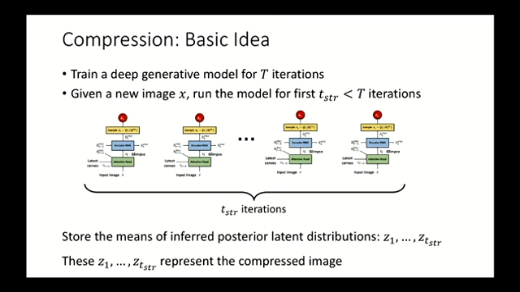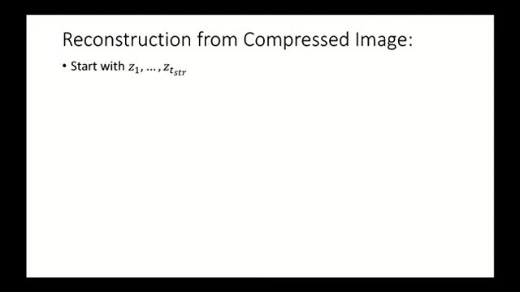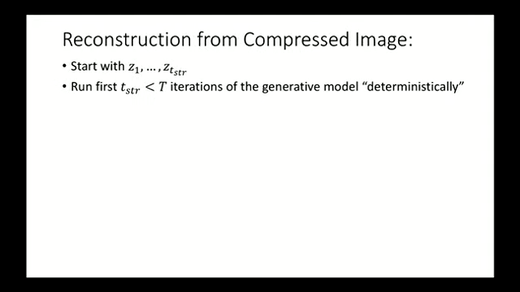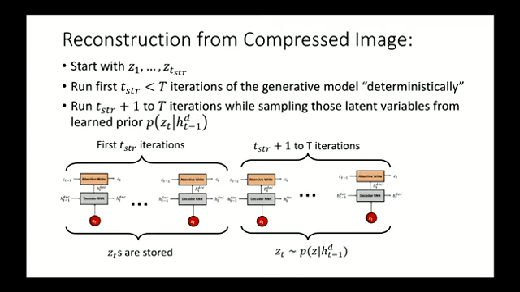So here you exploit the fact that you have this relationship, and then you can store these variables. Then the question will be, okay, if I have this, how do I reconstruct? So you start with these, run the first T-store iterations deterministically. By deterministically, I mean there is no sampling. You have the stored variable values. You just run all feed-forward passes. Then you run the remaining iterations while sampling the latent variables.